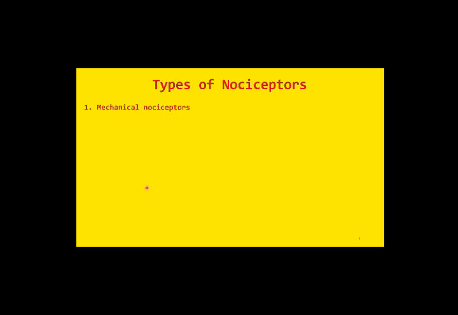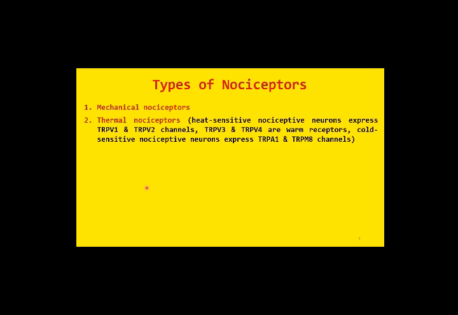For example, if the type of stimulus detected by the nociceptors is of mechanical nature, such receptors are classified as mechanical nociceptors. Similarly, those nociceptors responsible for detection of temperature change are classified under the heading of thermal nociceptors. And these thermal nociceptors include both warm receptors as well as cold receptors.